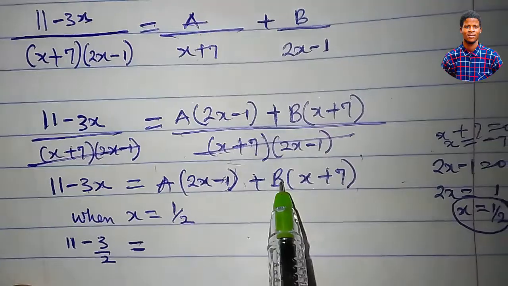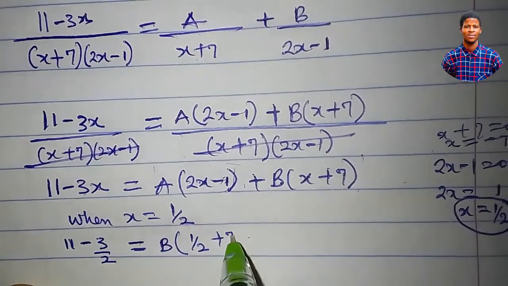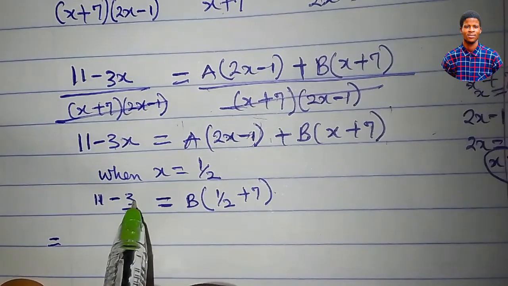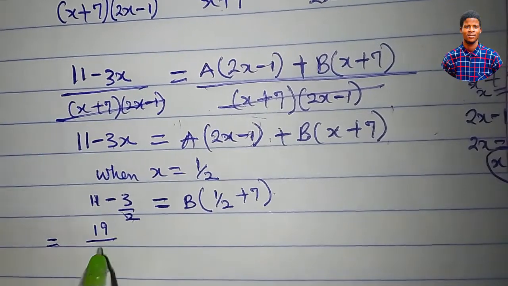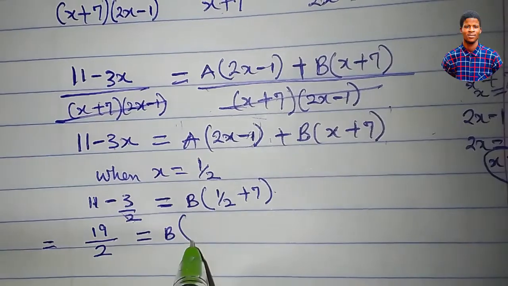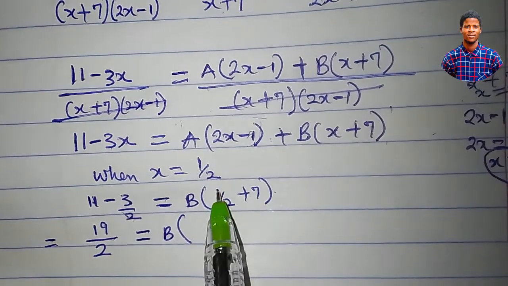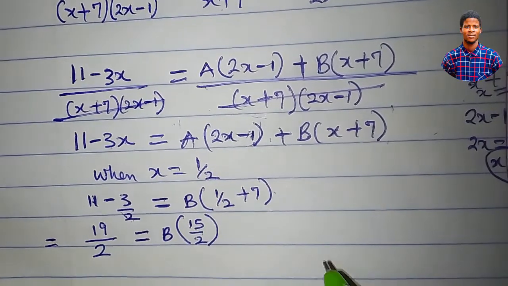We now have B in bracket 1 over 2 plus what? 7. 2 times 11 is 22. 22 minus 3 is 19. This fraction reduces to 19 all over 2, which is equal to B, all in bracket. 2 times 7 is 14. 14 plus 1 is 15. 15 all over 2.